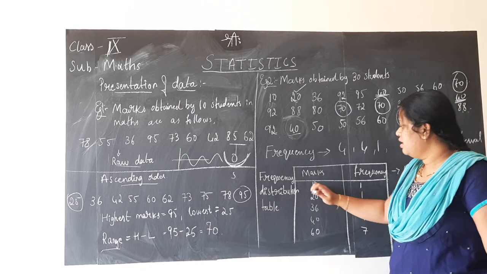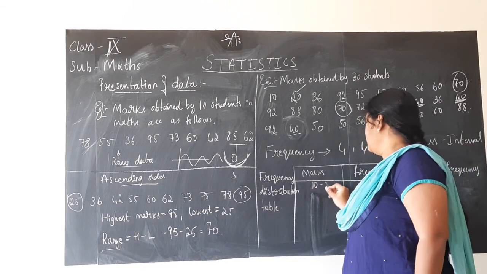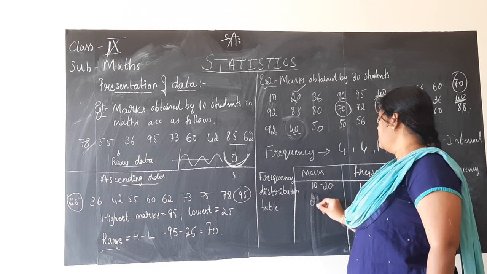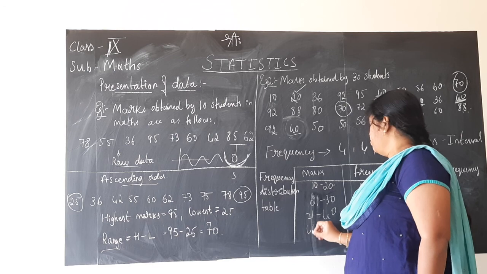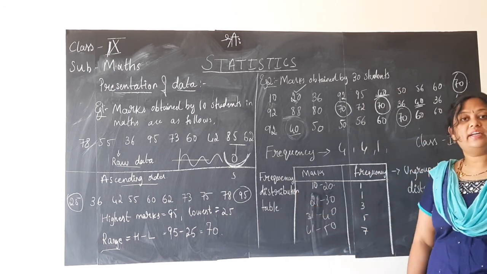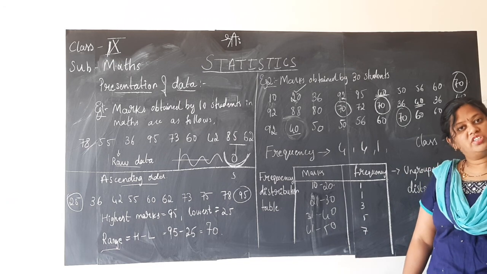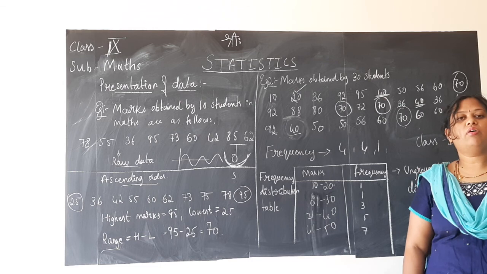Next, if you recall, we write the data like 10 to 20, 21 to 30, 31 to 40, 41 to 50. Like this we used to write the data in the first column. You remember, children? This type of grouping the data is called grouped.